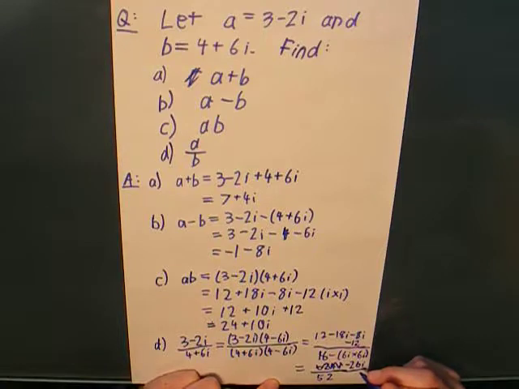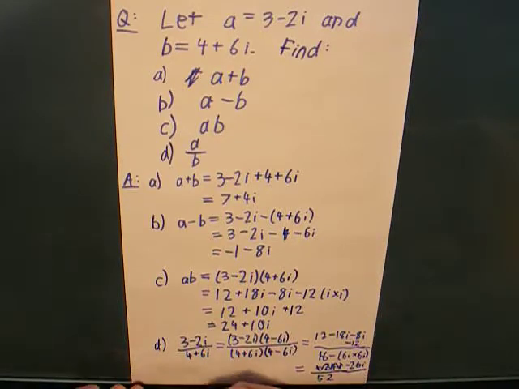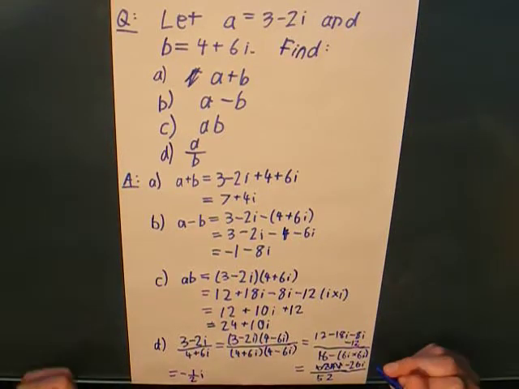Okay, and now, sadly, I've run out of room here, but 26 is half of 52, so this will come out as minus a half i, and it is bad practice, but I'll just put it here, equals minus 1/2 i.